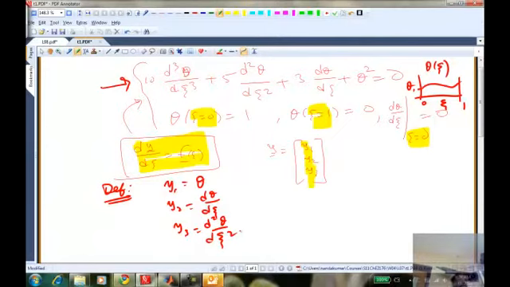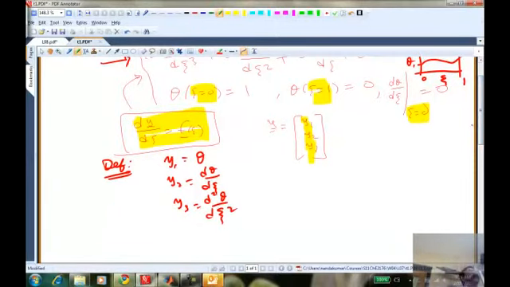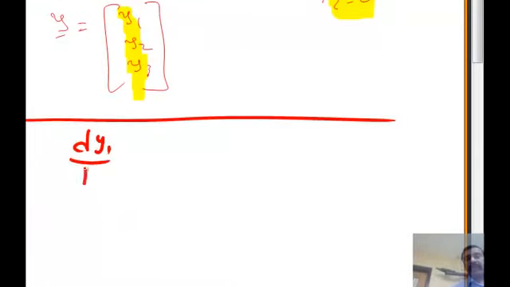This is where I stop because I know I have a third order equation, so the 3 variables are defined as simply the function, its first derivative and second derivative. Now I need to formulate the 3 equations. So in order to do that, I'm going to take the derivative of the first variable. So I'm going to take dy1 d psi.